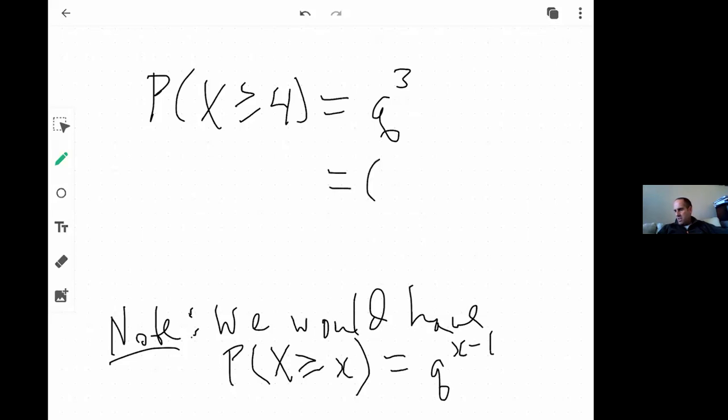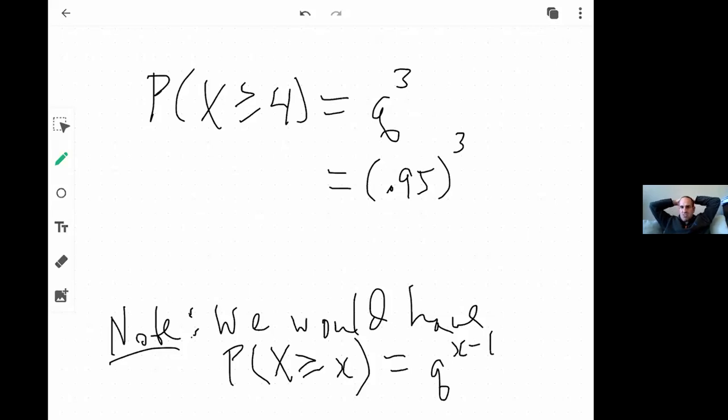Okay, so it's equal to q cubed, which means what was q equal to? Q is equal to 0.95 to the third. Okay. But this makes sense. Let's sort of just talk about why this makes sense. Okay, what is the probability that I'm going to have to contact at least 4 students?